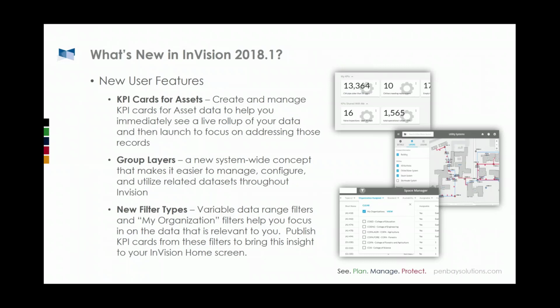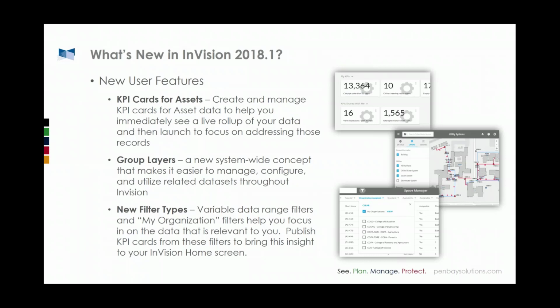In order to support the utilities and infrastructure aspects and the new Utilities Starter app, there's a new system-wide concept for group layers. So a utility system is often made up of many different feature classes. You may have in a water system a variety of different pipes and valves and meters and backflow preventers and other equipment that all participate in the overall water system.